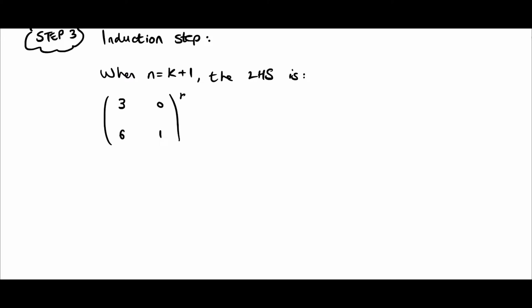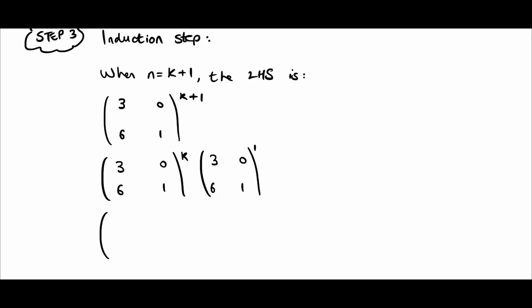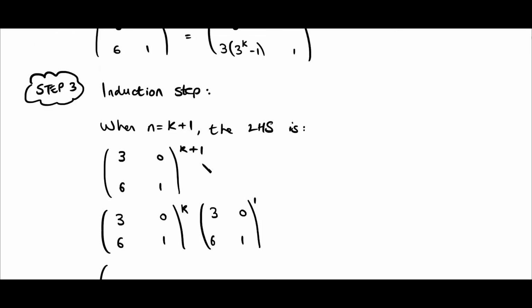And using the laws of indices, this over here is the same as (3, 0, 6, 1) to the power of k lots of (3, 0, 6, 1) to the power of 1. Now, (3, 0, 6, 1) to the power of k, using our assumption step, was this over here.